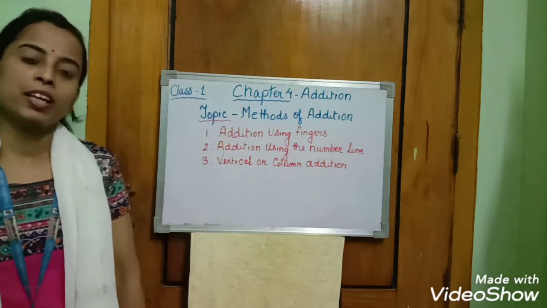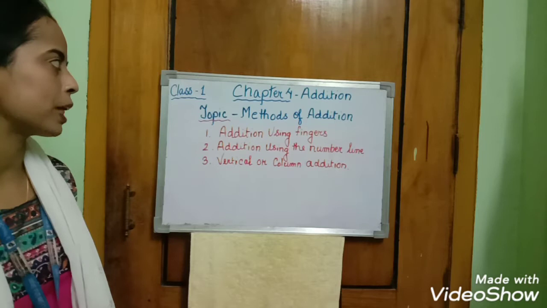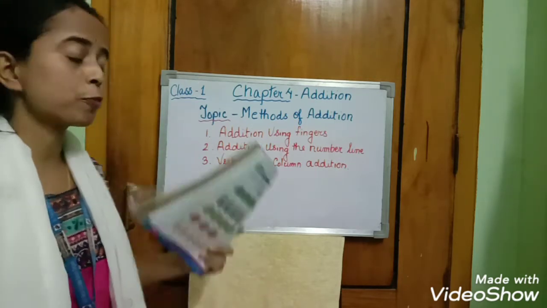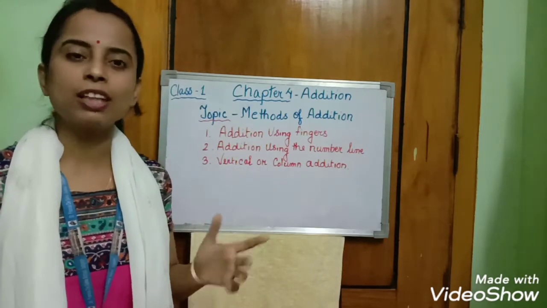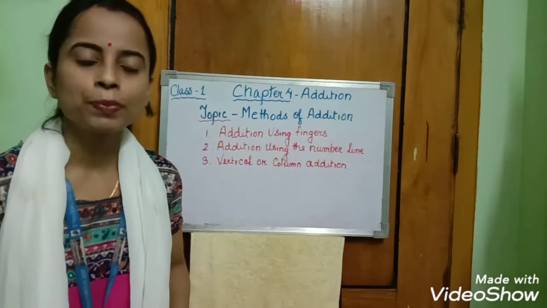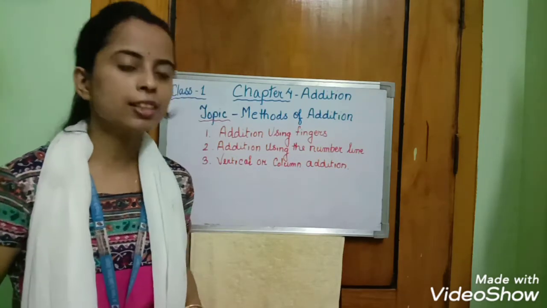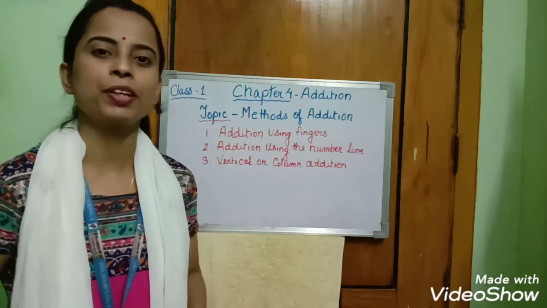So, students, in today's class, I'll be starting another topic, that is methods of addition. Right? But before starting today's topic, let's recall the things we discussed in our previous class. Children, did you all practice what I discussed with you? Okay, very good.